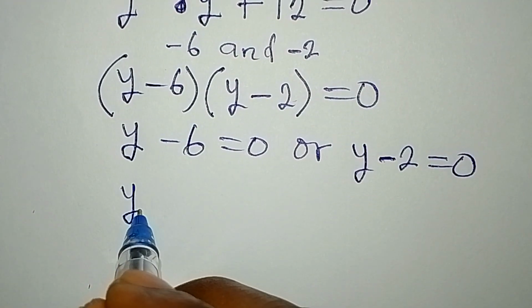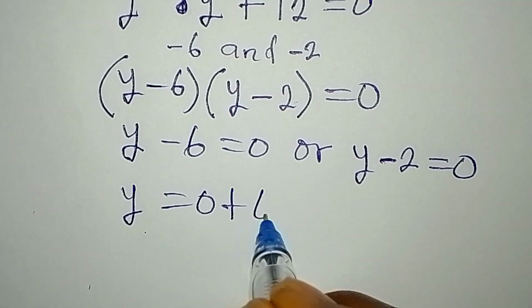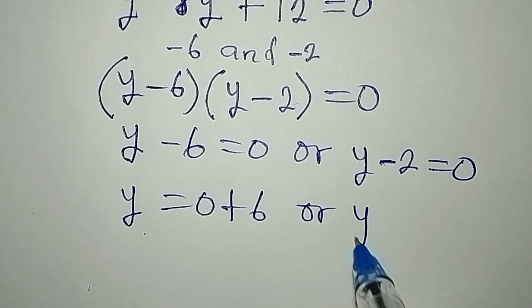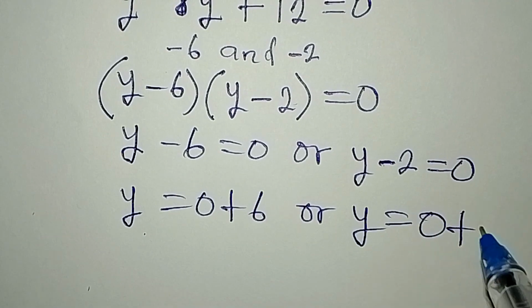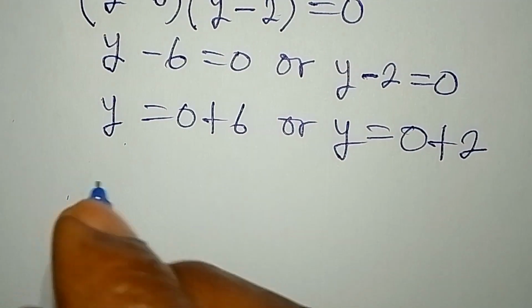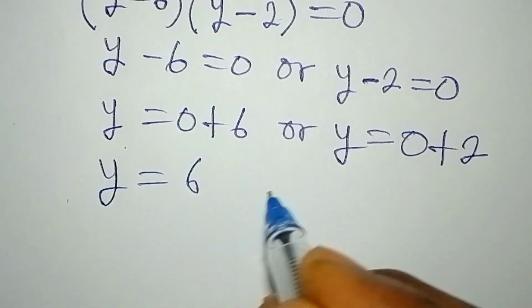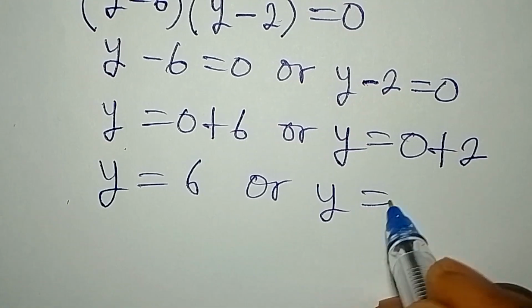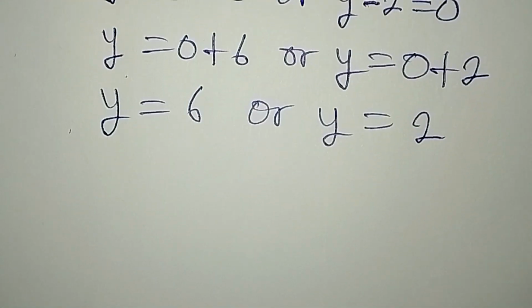Now, y is equal to 0 plus 6 or y is equal to 0 plus 2. So y is 6 or y is 2.